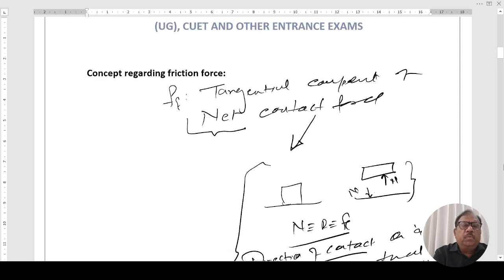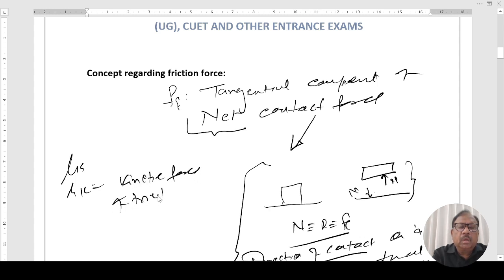Now, what is µs? What is µk? Kinetic force of friction. And what is static force of friction?